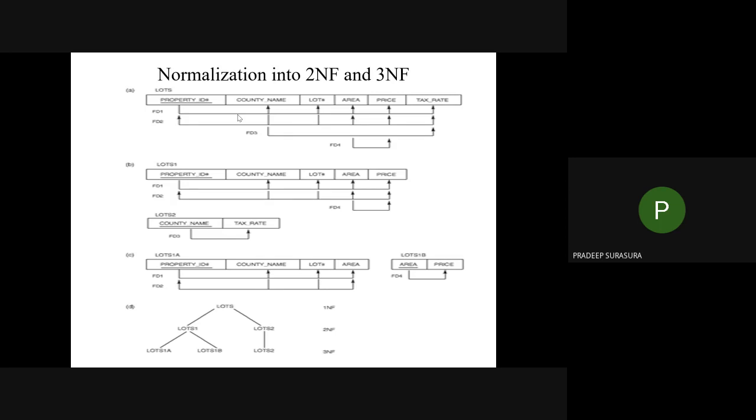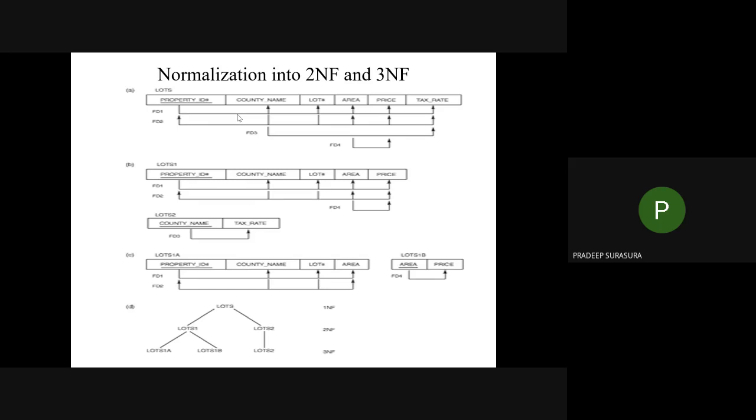Observing the keys, property ID determines the other attributes, so that does not violate second normal form. Similarly, country name and lot number both determine the other attributes, so that does not violate second normal form either. But the problem comes with FD3, country name determines tax rate. Since the key was country name along with lot number, but tax rate depends only on country name and not on lot number, this violates second normal form.